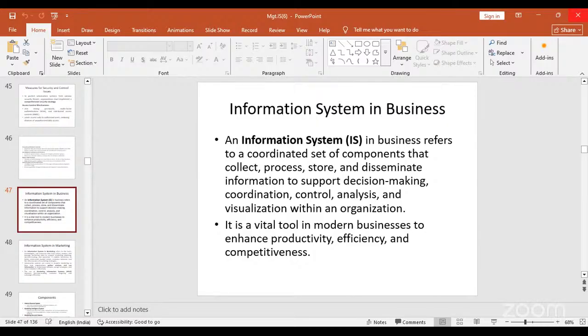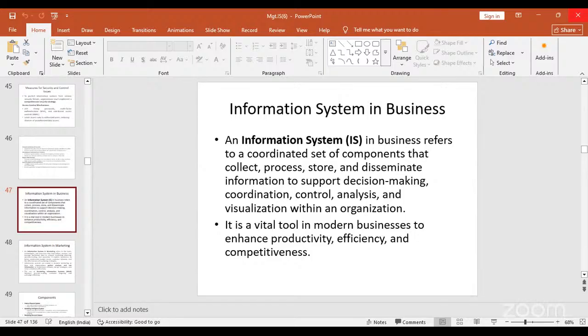The information system provides the required data to different levels of management for effective decision making, for the future and the smooth management of the organization.